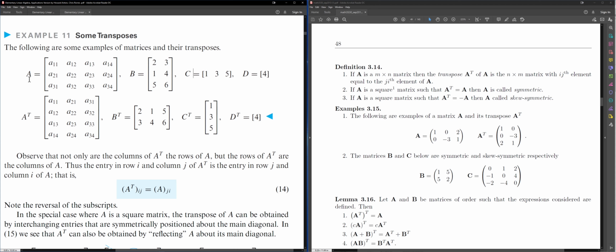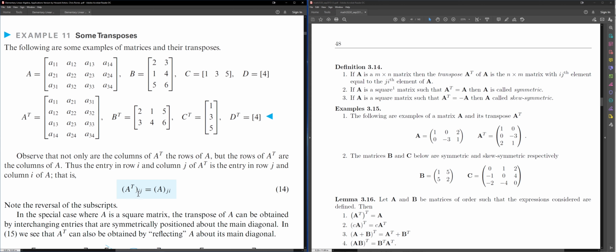So the number of rows and columns will switch when you go from A to A transpose. Let's look at an example of this over here. Remember what this ij is doing for you: it's locating an element in row i and column j.